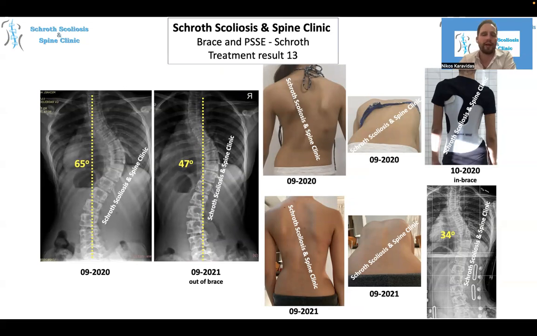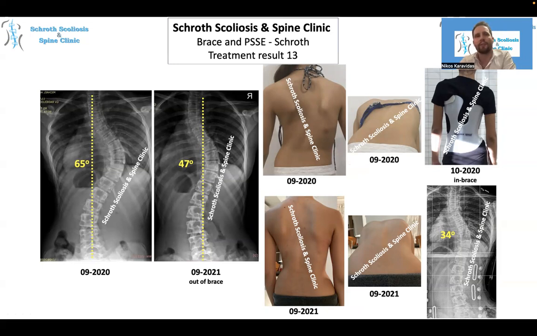But when they came to our clinic, I told them, of course, we can start working with an intensive treatment with brace and exercises, and I'm sure that we can get a good result. And this was the result just 1 year later. We reduced this scoliosis almost 20 degrees, getting this very nice clinical correction for the patient.